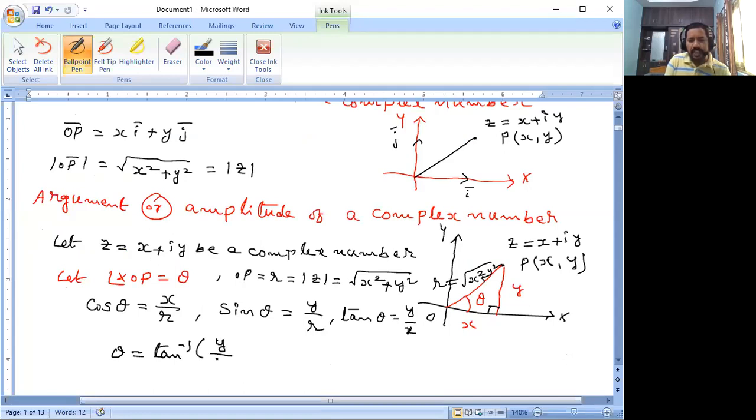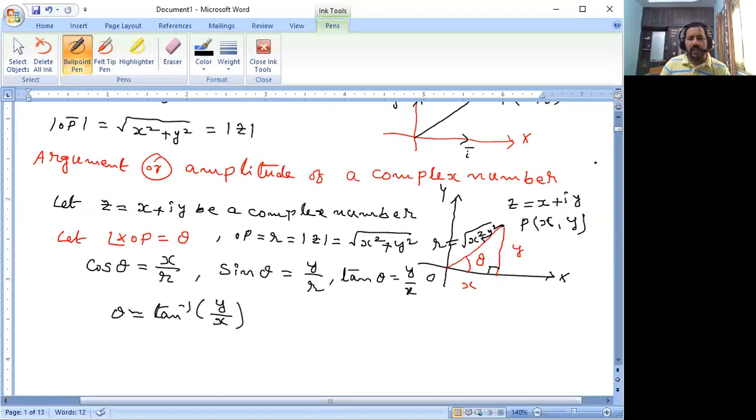The value of theta satisfying these equations is called the argument or amplitude of a complex number. Okay, so what is the amplitude or argument of a complex number? The real value of theta satisfying the equations cos theta is equal to x by r, sin theta is equal to y by r, where theta is equal to tan inverse y by x, is called the argument or amplitude of a complex number.